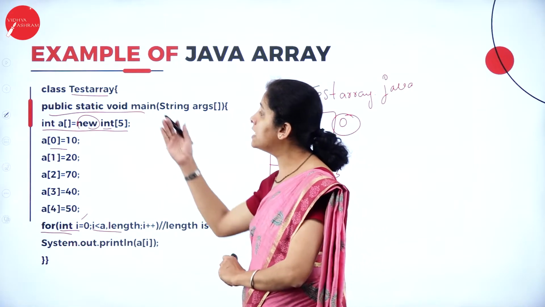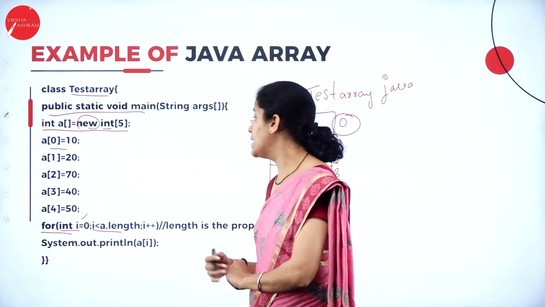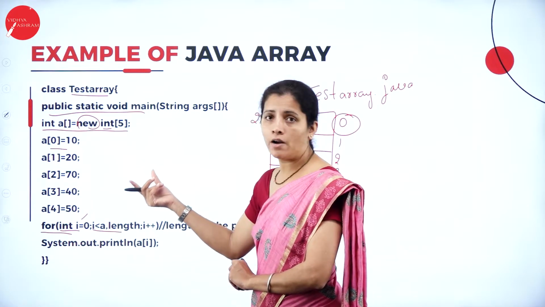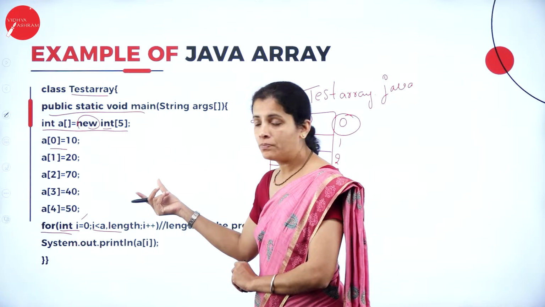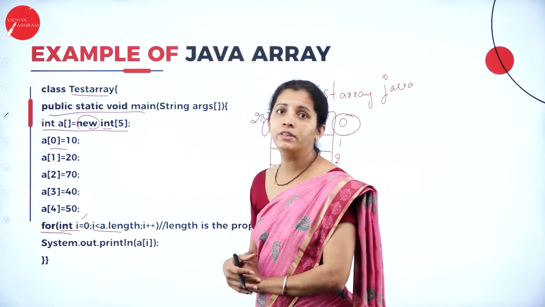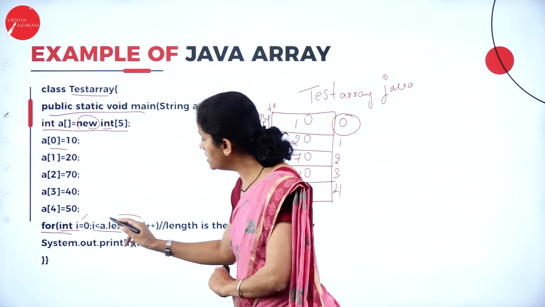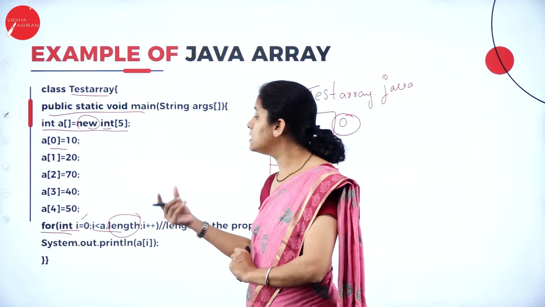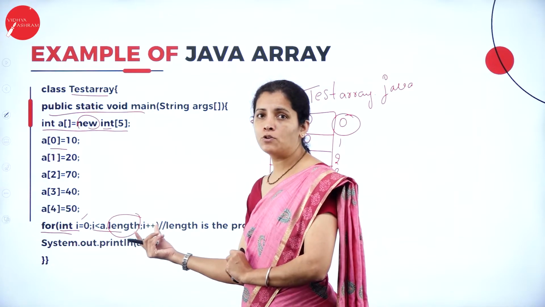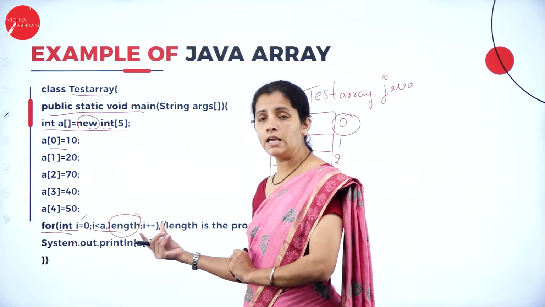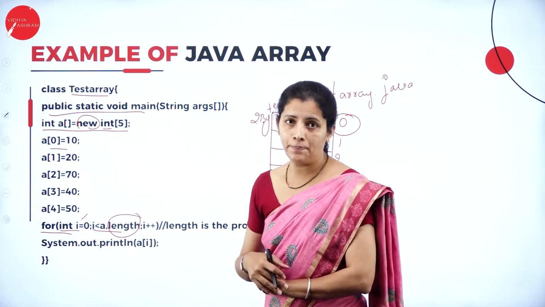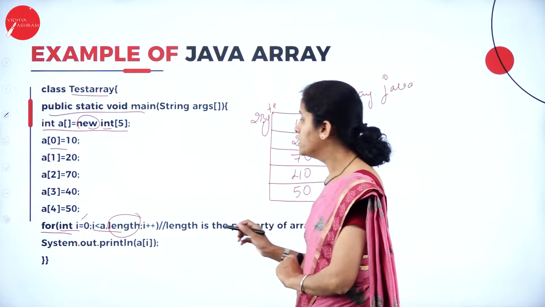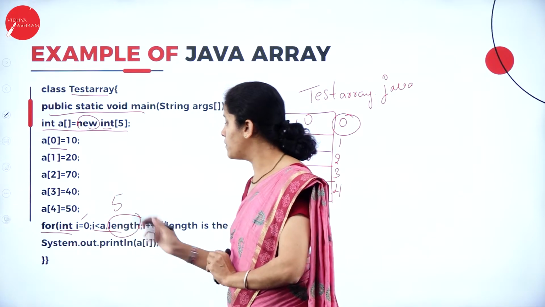Here a is nothing but the array name and length is the property of Java. Now, to get the length of the array, I'm going to use this property, length. This length property is responsible for returning the length of an array. Now, what is the length of an array here? That is 5.